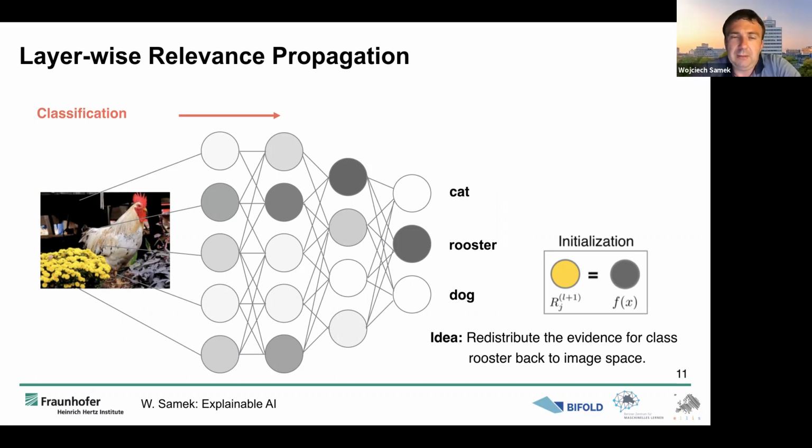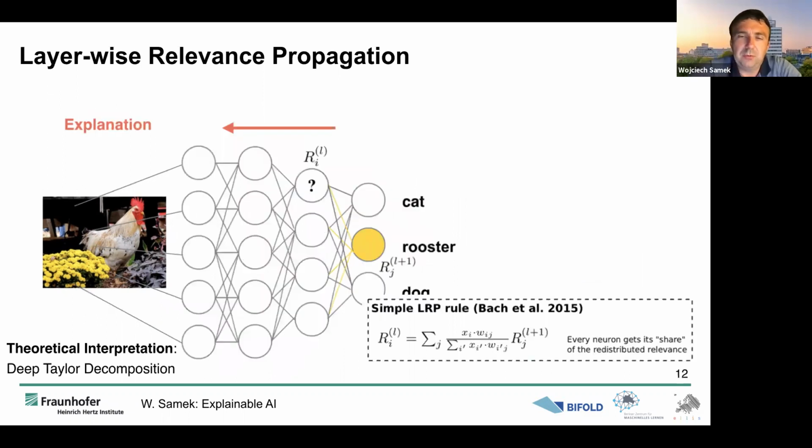On the way, some of the neurons get activated because they encode some shapes which are in the image or which are related to the rooster. Others are not activated, maybe they encode something else. And in the end, you want to redistribute the total evidence for the rooster, so the prediction value, backwards.